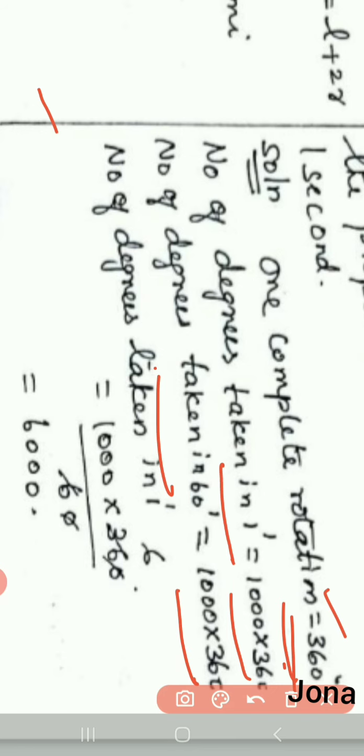We want to find the number of degrees in 1 second, isn't it? So I have to divide by 60 here. So 1000 into 360 by 60, it is 6,000 here. Okay.